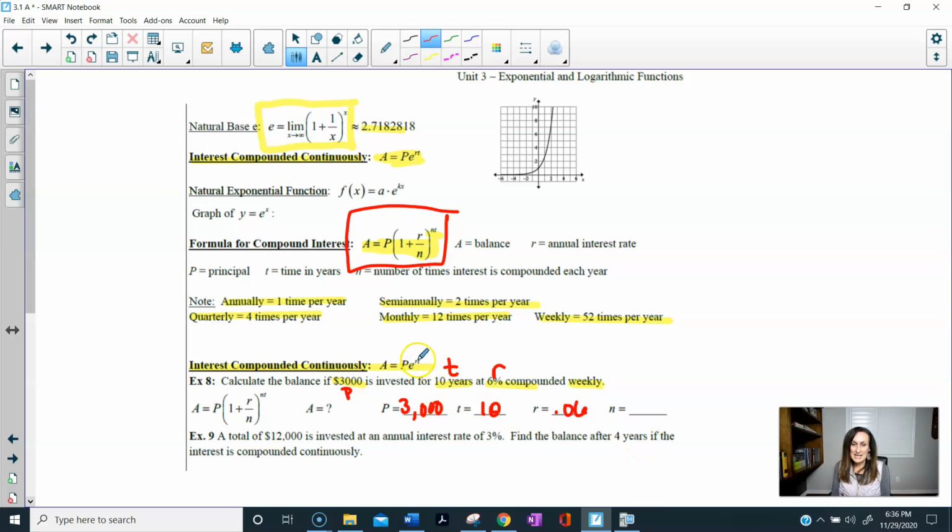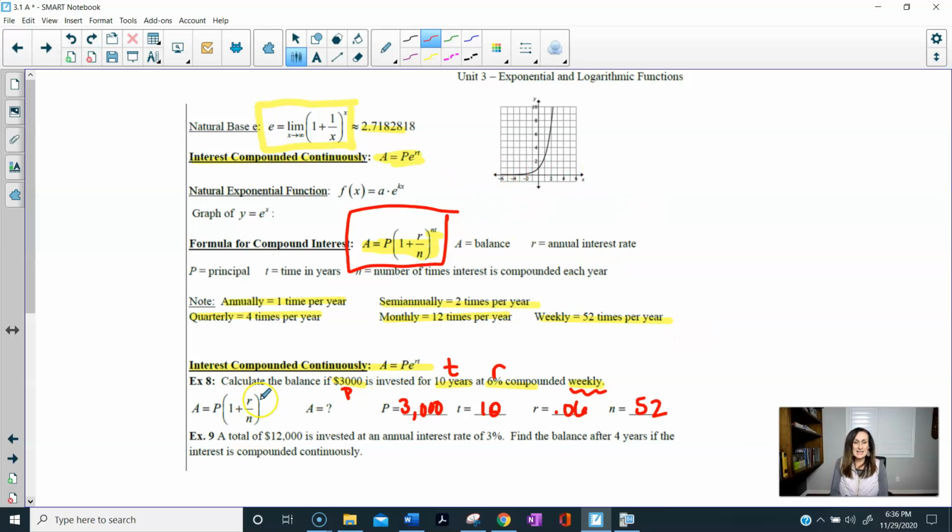And n is the number of times you're compounding annually. Look at n: your rate is divided by n, raised to the nt. And because this is weekly, n is going to be 52 times per year.